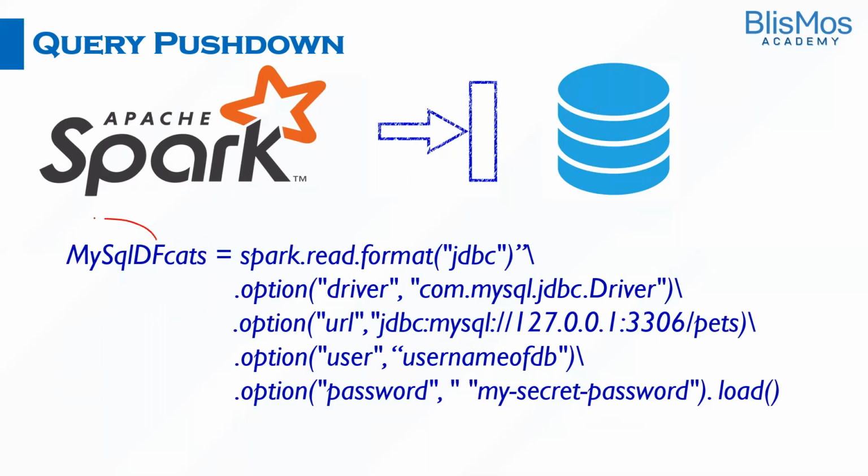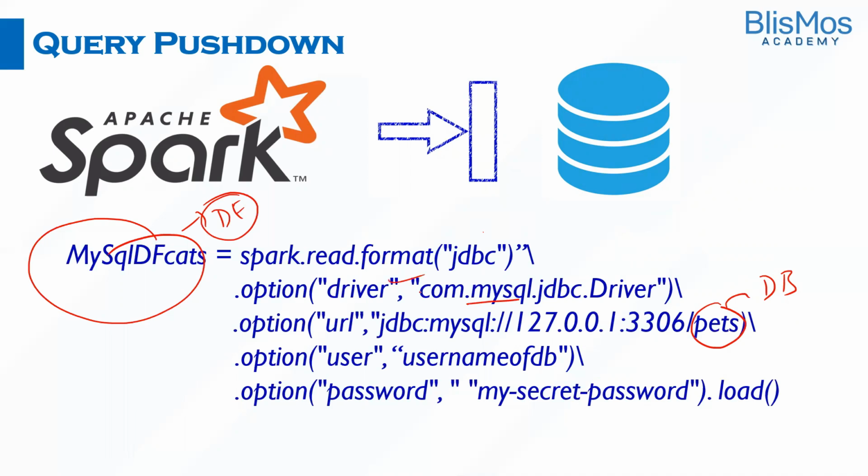Assuming that you create a data frame called MySQL cats. This is the data frame, created by reading the data from a MySQL database called pets. We provide options like driver, URL, username of the database and password of the database.